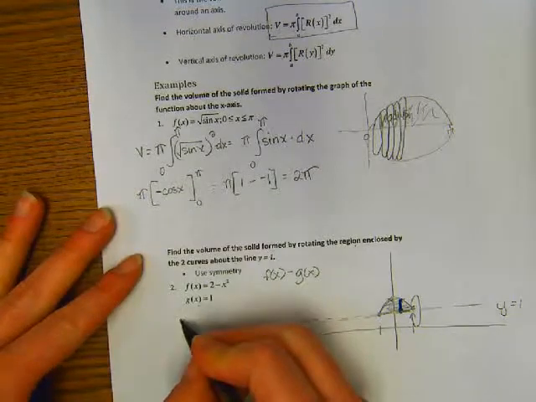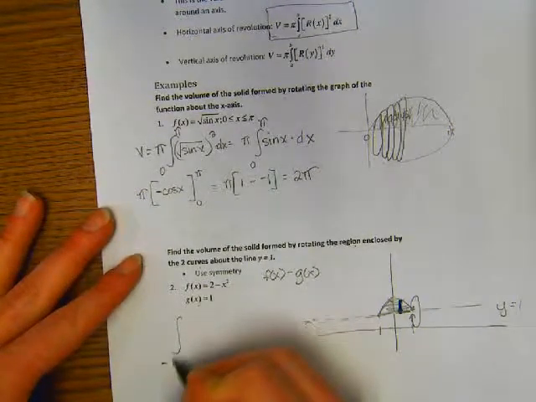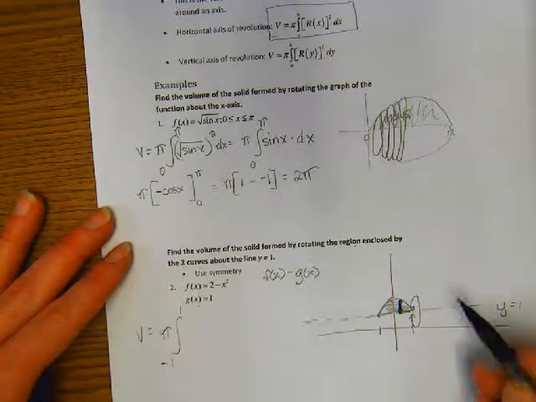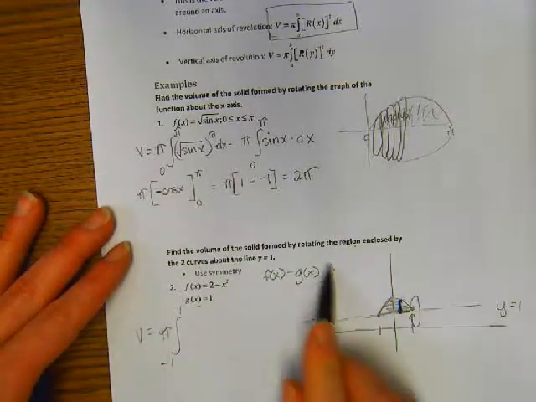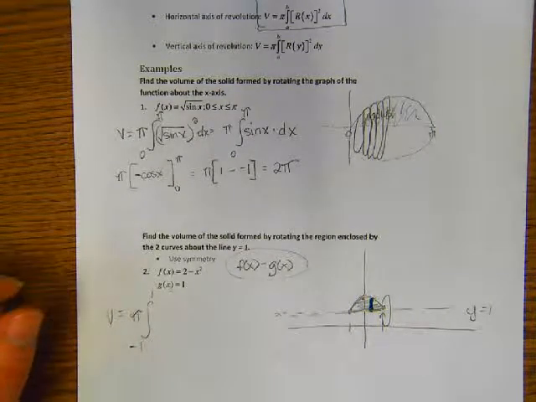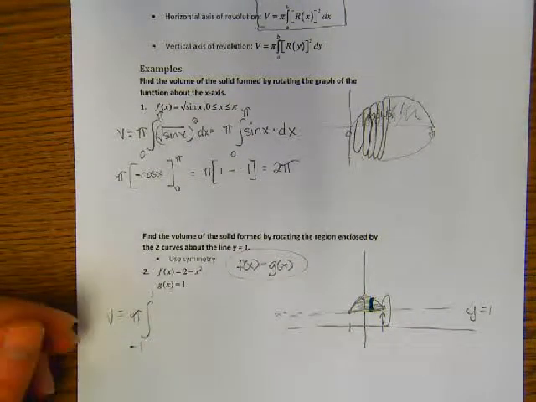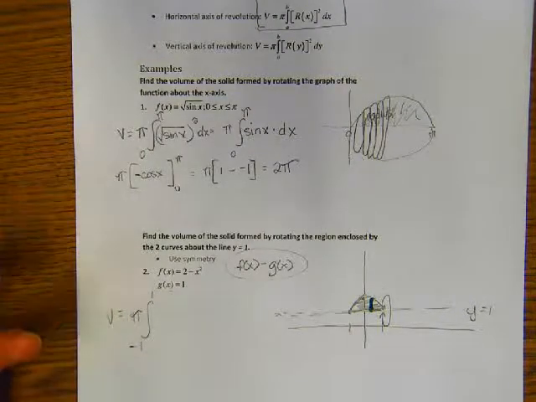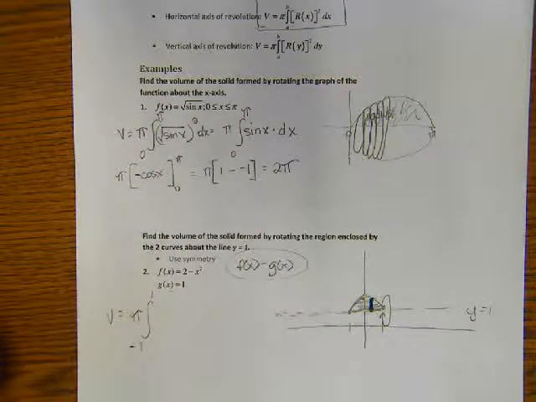So I have the integral from negative 1 to 1, well the volume's going to be pi, and then the radius is going to be defined by this area. Remember how we found area even today, we subtracted the two functions. We're going to find the radius in that same way by subtracting two functions.